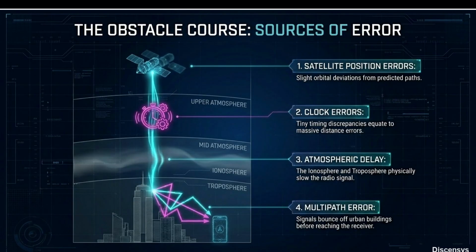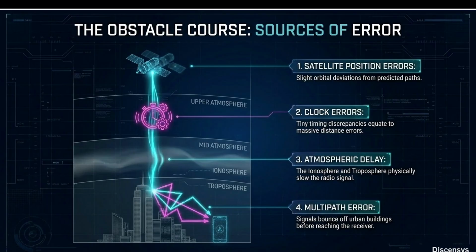The obstacle course. There are a lot of different ways in which errors can occur in GPS. It is based on the different layers of the Earth's atmosphere. The troposphere, which is the surface area, is where we can get signal bounces off buildings before reaching the receiver. That's considered the multipath error.